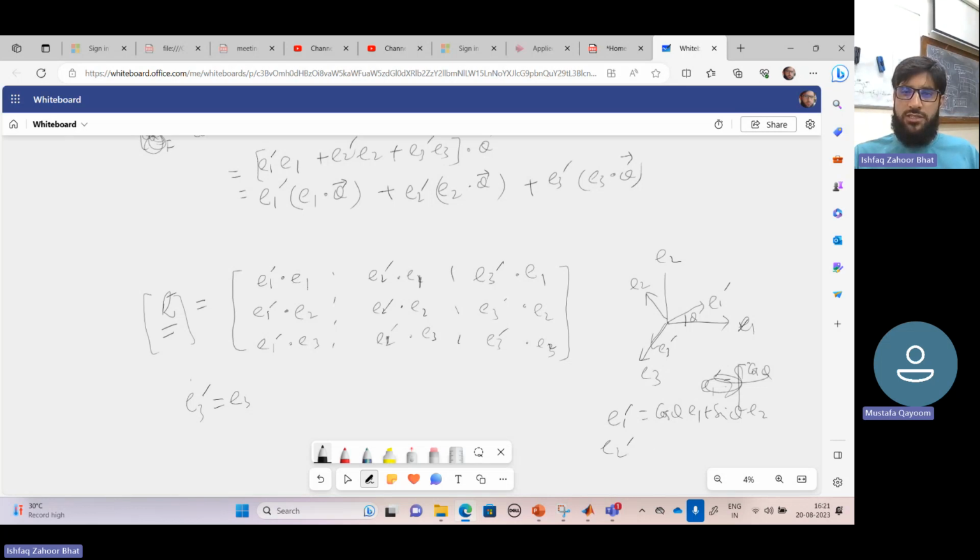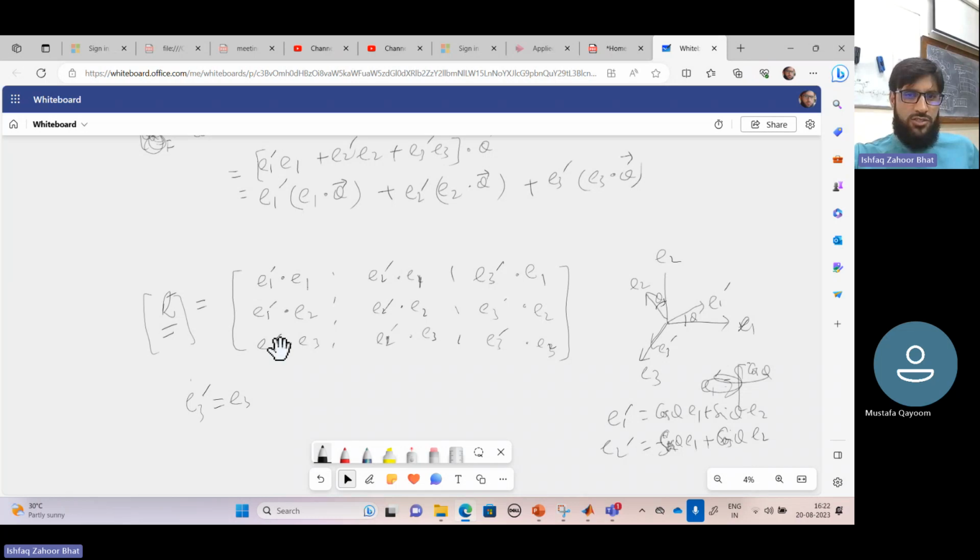Similarly, you can write E2 dash as minus sine of theta E1 plus cos of theta E2. Okay, I think I made a mistake here. It should be sine of theta, and yes, it should be cos of theta because this will be theta. Okay, now you have E3 equal to E3 dash, you have E1 dash.